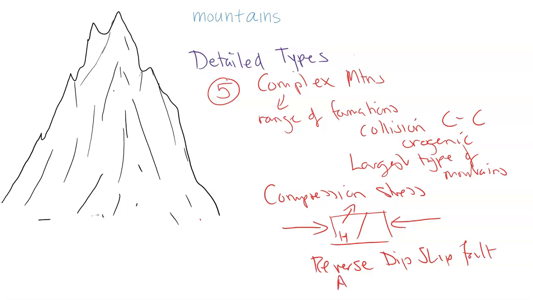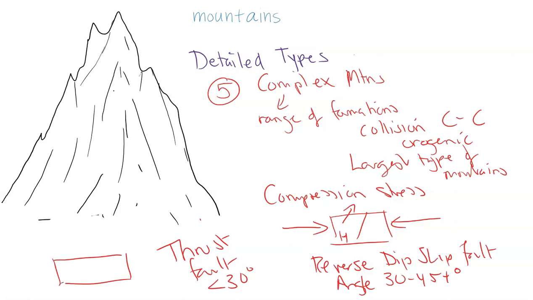Now, in terms of the angle, the reverse is going to be between 30 to 45 or plus degrees angles, whereas if you have a slighter dip, or less dip, slighter gentle fault line, we call it a thrust fault, which the average is around 30 degrees or below. So it looks like that. So it's very, very gentle.